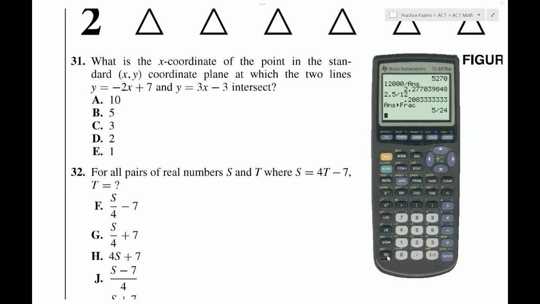Okay, so we want to plug in our y equals minus 2x plus 7. And then the second line we'll do 3x minus 3. Graph them. If you graph something already, it might be at a line here, so you can just do zoom 6.